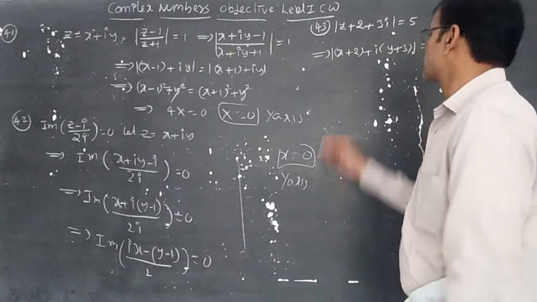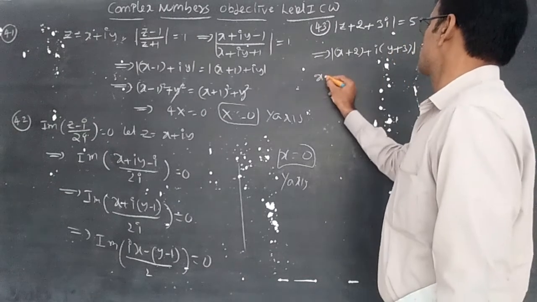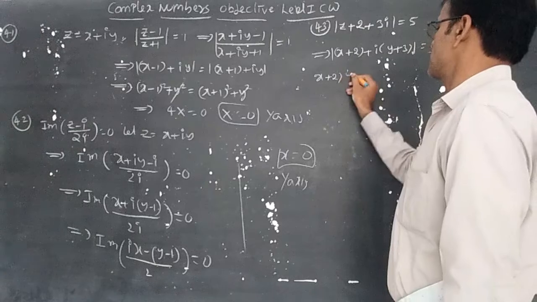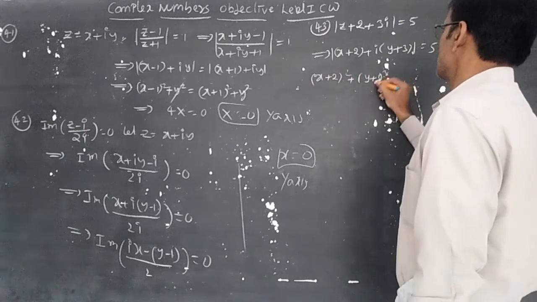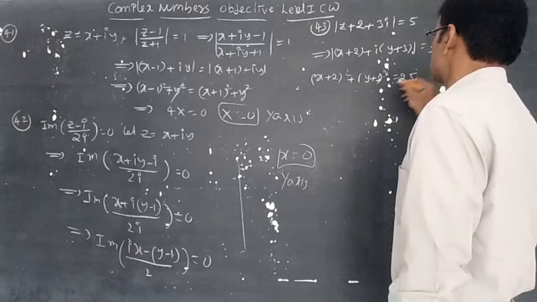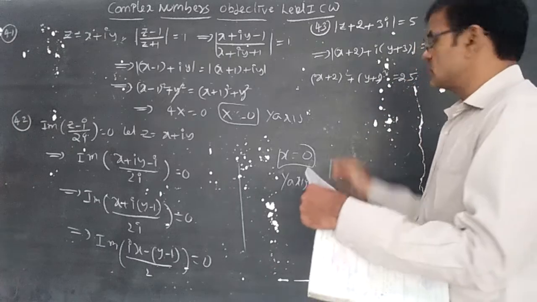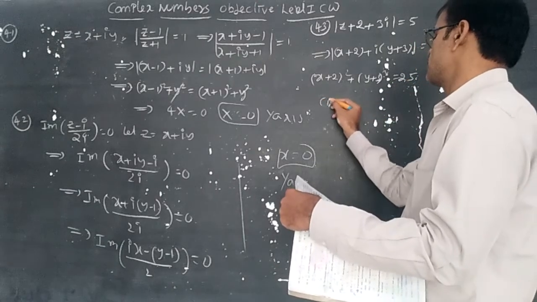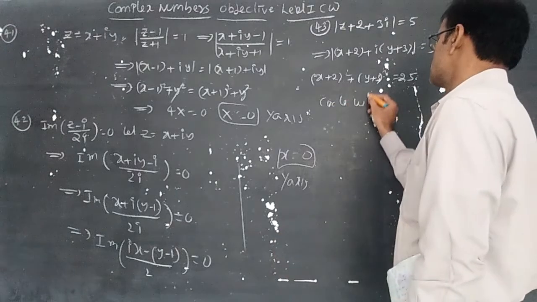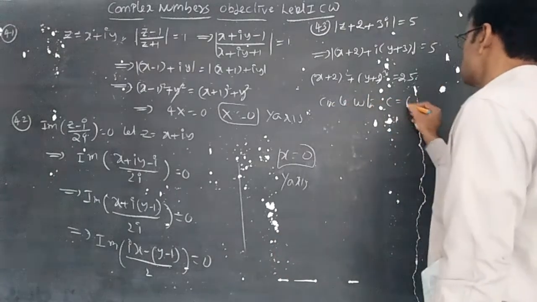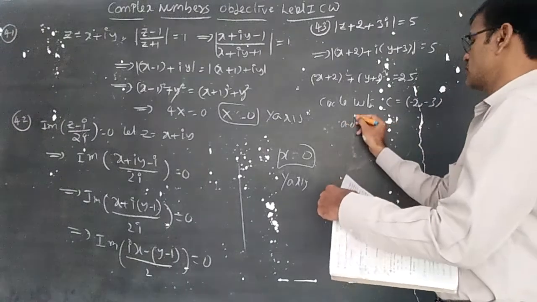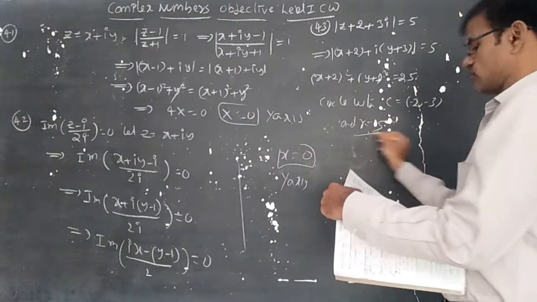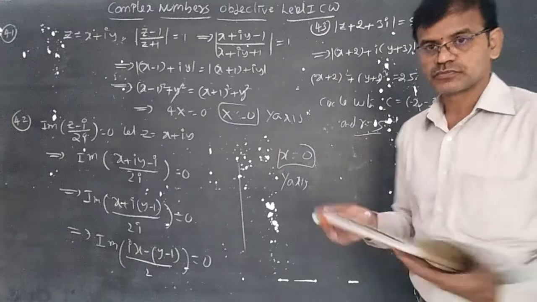Square root of (x plus 2) whole square plus (y plus 3) whole square. By squaring both sides, (x plus 2) whole square plus (y plus 3) whole square equals 25. This is a locus of a circle with center (minus 2, minus 3) and radius 5, that is the fourth option.